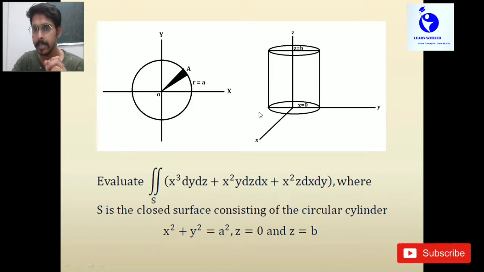This place is z equals 0, since this is on the origin and on the xy plane, and somewhere here z has a value of b. So this is the circular cylinder that has been drawn, and the equation of the cylinder is x² plus y² equals a², and this is the region where we are going to put our integral and evaluate it. That is the question.